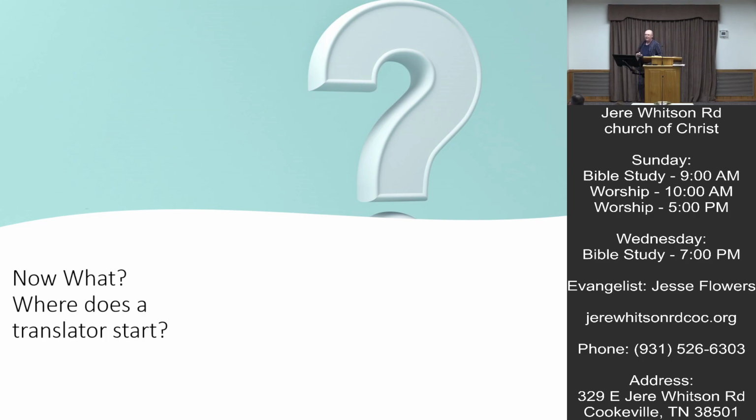So this is the question that comes up. Now what? What do we do? Everybody was going happily along. The Masoretic text was what we use. If I'm going to be a translator, the Masoretic text is my go-to text for the Old Testament. And if I'm going to translate the New Testament, I use the Textus Receptus.